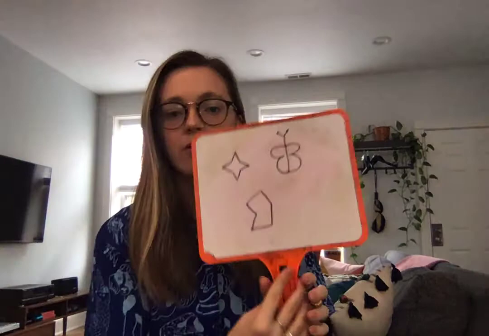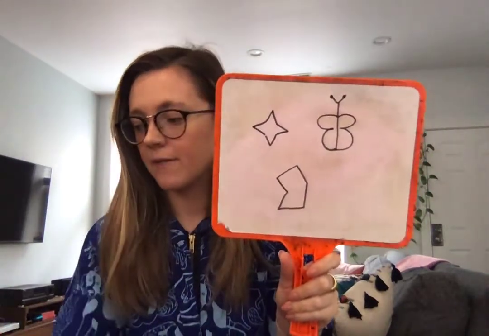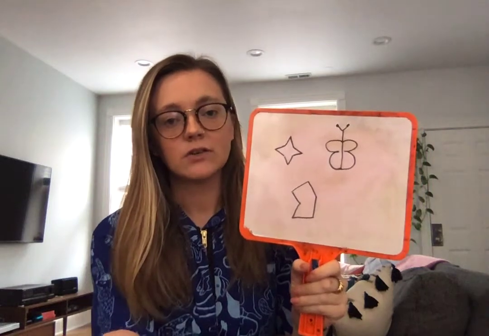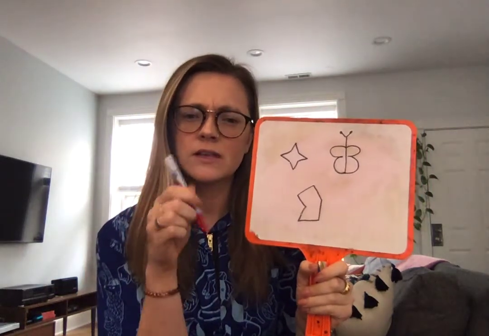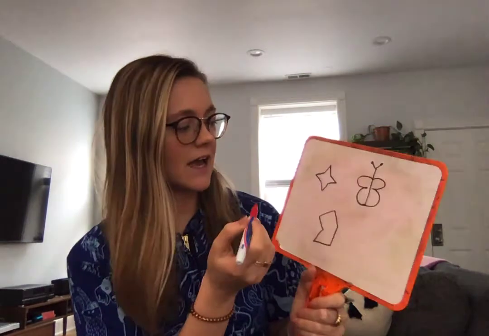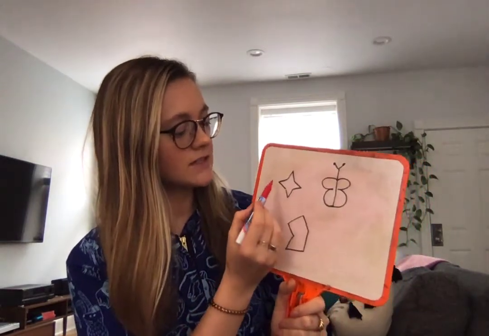So what you're going to be asked to do today in your Google form is identify how many lines of symmetry a shape has. So I'm going to show you an example of how I would identify that. I've drawn 3 shapes here, and I'm going to ask myself horizontal, vertical, and diagonal. So let's start with horizontal.